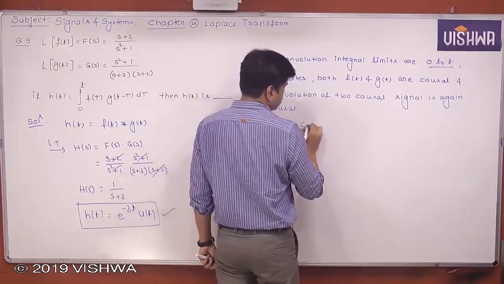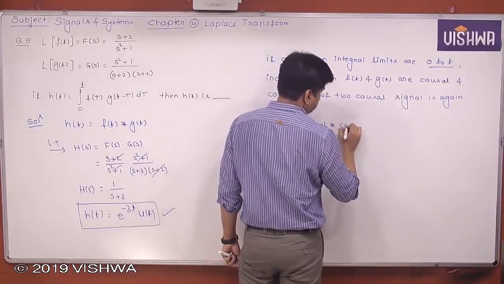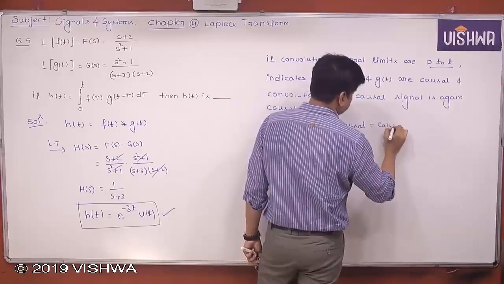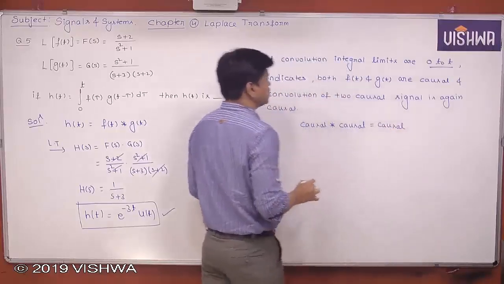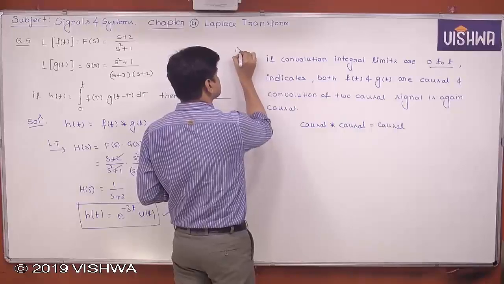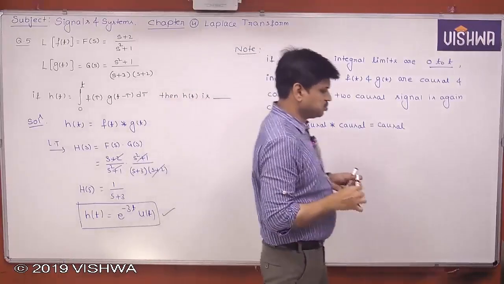So we know that causal convolution with causal is going to give you causal only. This is the thing you have to remember. Take it.